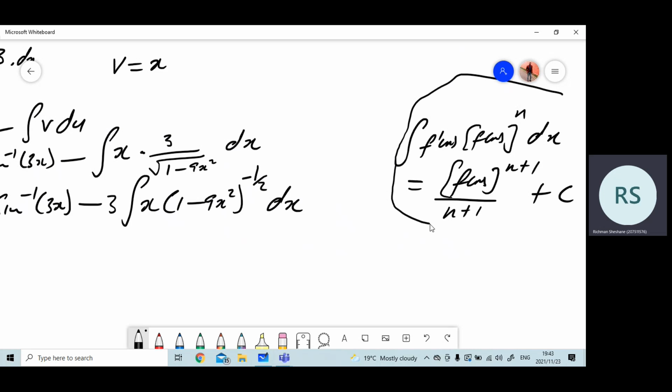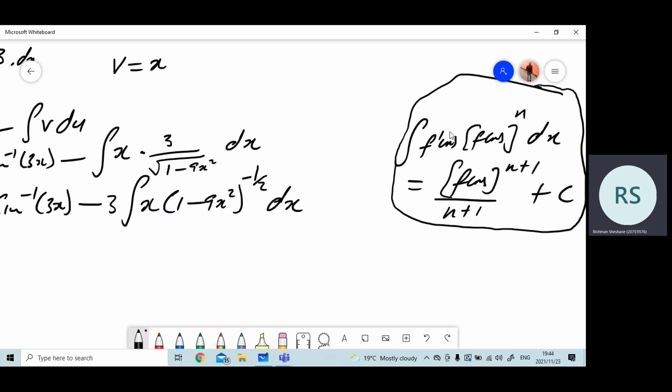I will also provide this formula just in case you need to remind yourself. So this formula basically says if you integrate a function that is to the power of n, and that inner function has its derivative outside there, you can just integrate in f of x. You're going to say f to the power of n plus 1 over n plus 1, and then you say plus c, only if the inner function has its derivative.